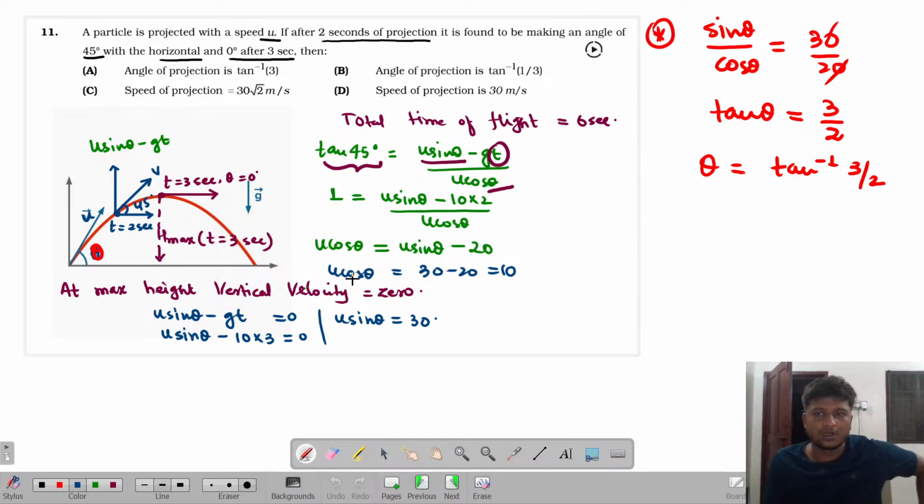And if you know tan theta, then you know your sin theta and cos theta. Basically if I know tan theta, then cos theta is what? Simple, base by hypotenuse. So base is 2, hypotenuse is how much?